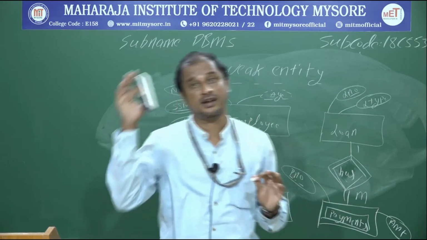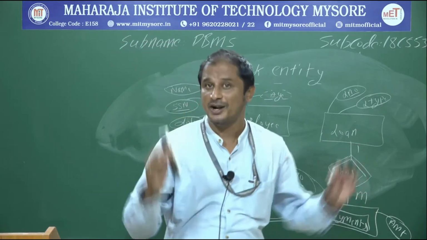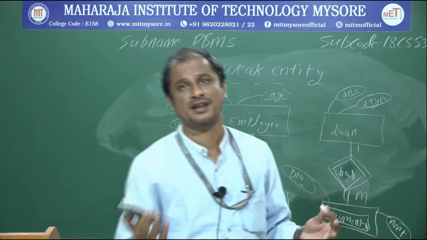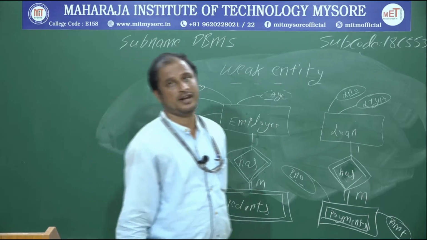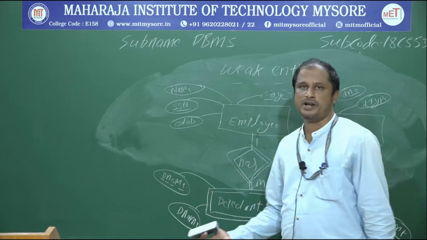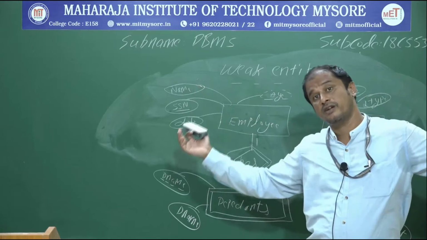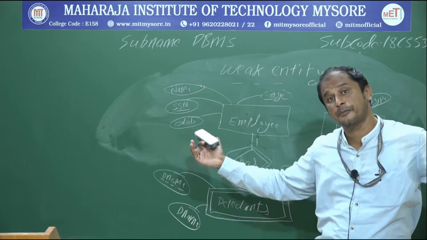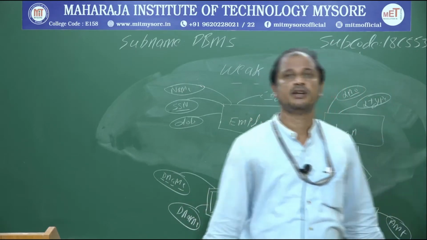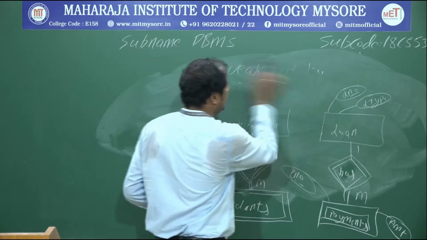A weak entity in a real-time application carries more marks in your exam, and it also represents databases well. For a company database, you can write employee and dependents. For a bank database like this, you need to identify different entities. Like this, we have n numbers to be identified. So this is the weak entity.